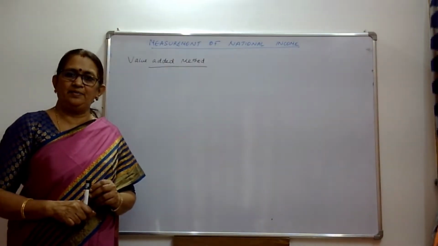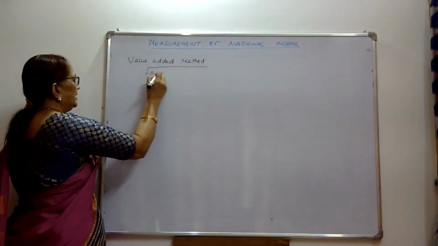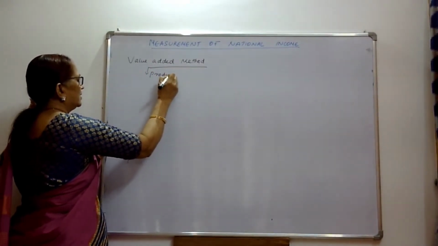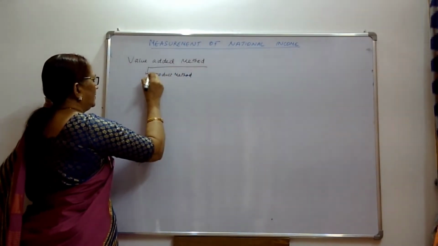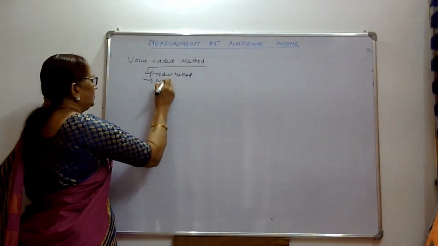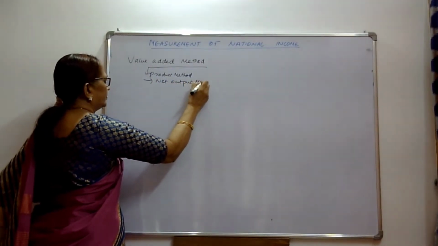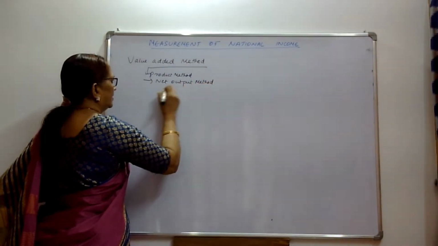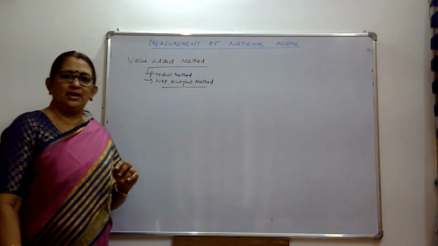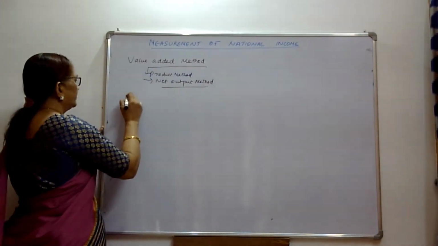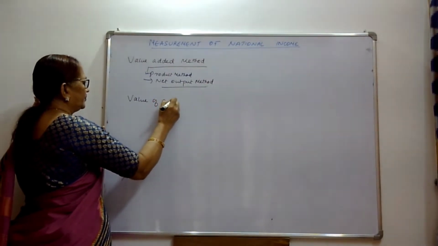According to the value added method, which is otherwise called the product method or net output method, we have to first of all calculate the value of output.